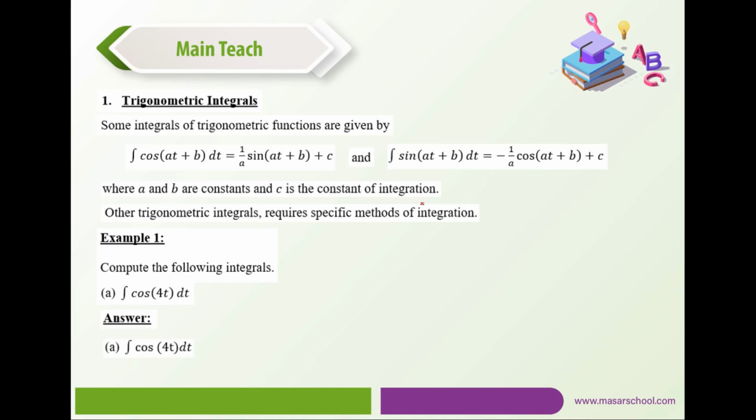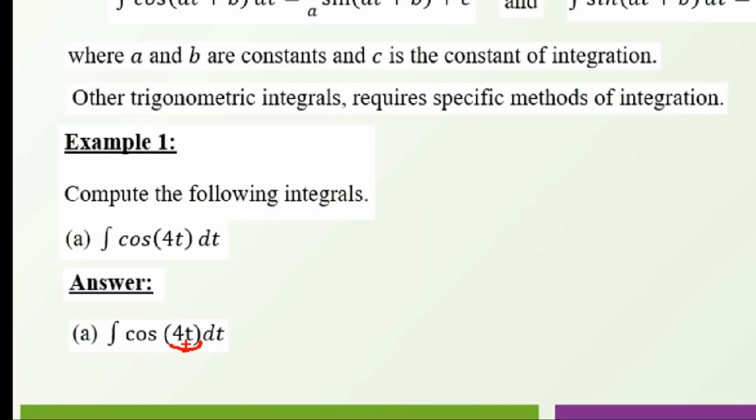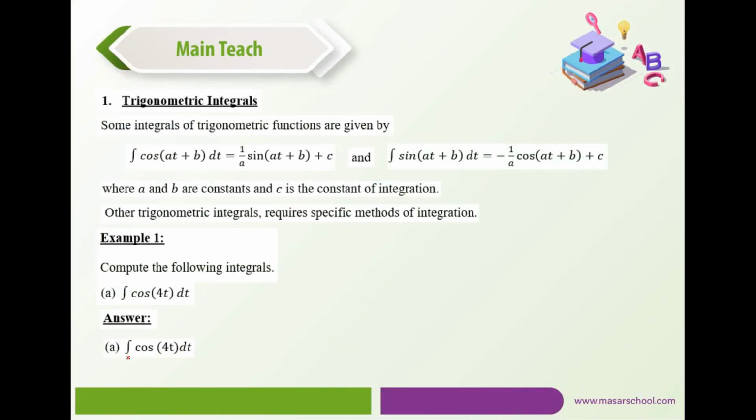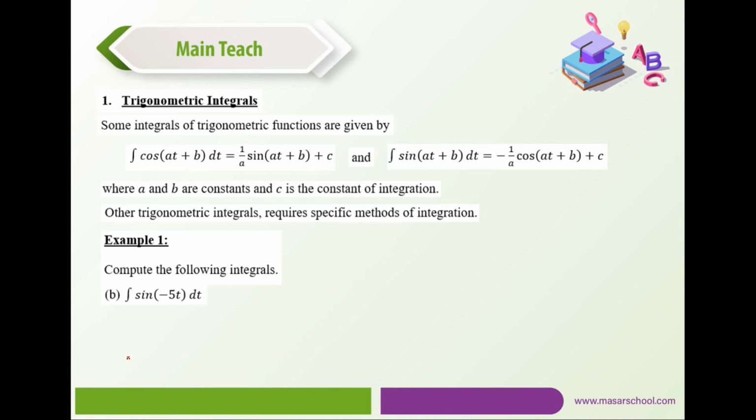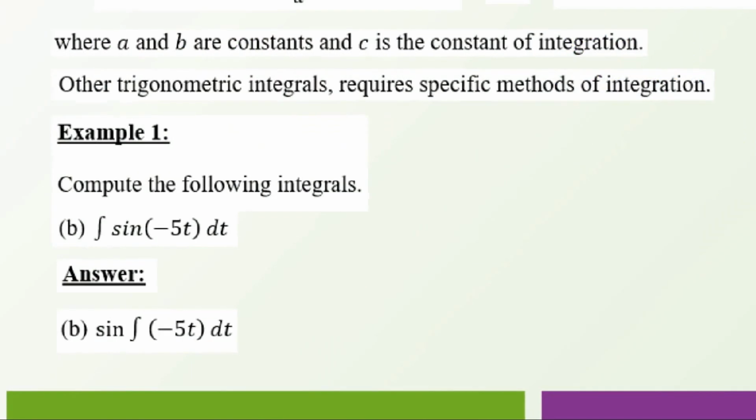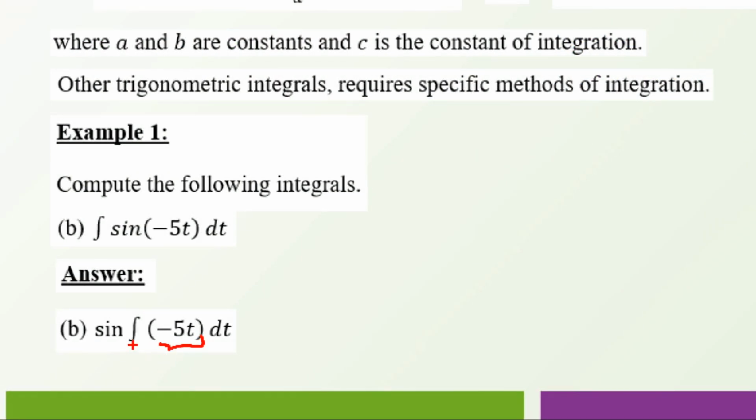So this is straightforward. The integral of cosine 4t is going to be a sine, and the derivative of the inner function is 4. We're going to divide by 4, and the result would be 1/4 sine 4t plus the constant. Similarly, for integrating sine of negative 5t, the inner derivative would be negative 5, so we're going to divide by negative 5.